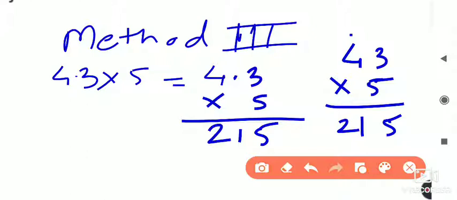So in the numerator, how many digits after the decimal point are there? One digit is there. So in the answer also you have to leave one digit from the right side. So here the point will come. Understand? So the answer is 21.5. In any method you are getting the same answer.